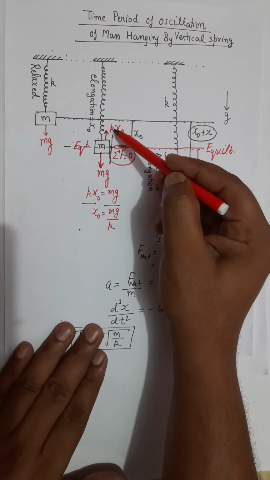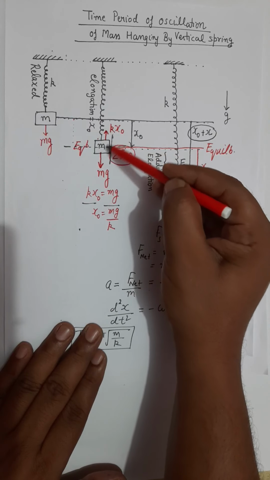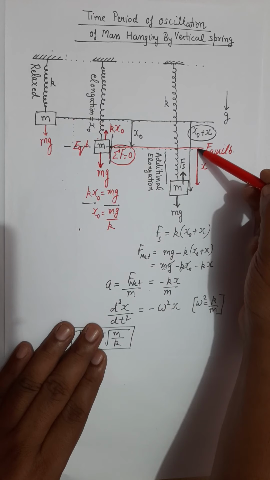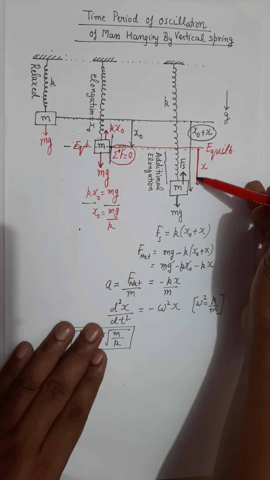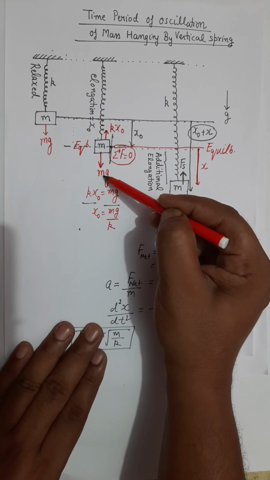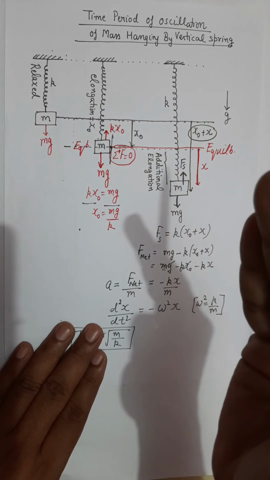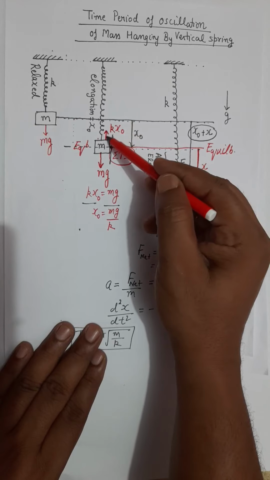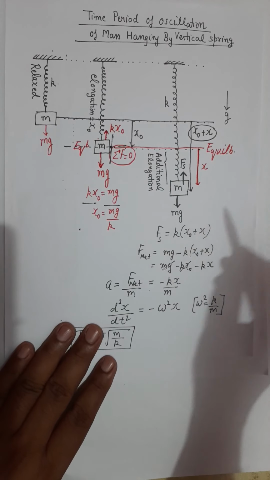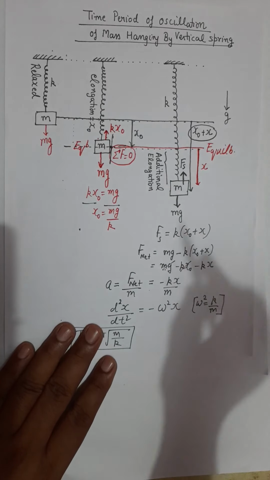Here the spring force and the force of gravity, these two forces are balanced at this point. If you move the block in the downward direction by a small distance x, naturally the force of gravity will not change, but the force of the spring will increase by some amount, which is kx.